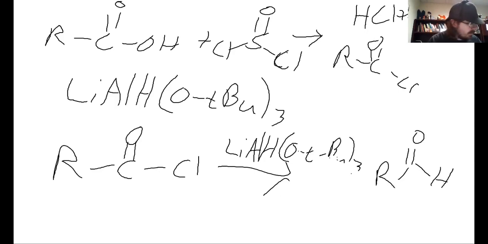Now, we can do the same thing, or at least a very similar thing, with esters. Slightly different compound, but with esters, we can add our diisobutyl aluminum hydride at a really cold temperature.